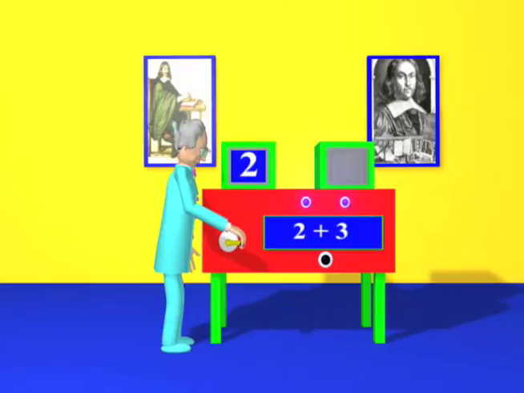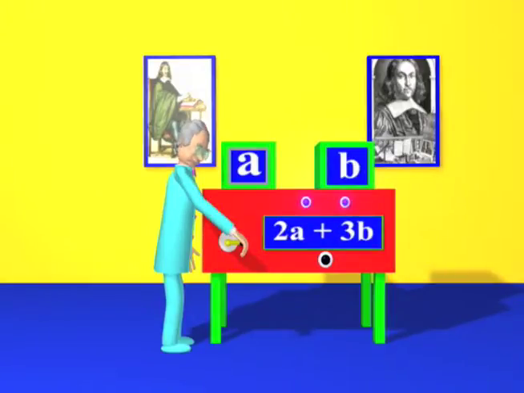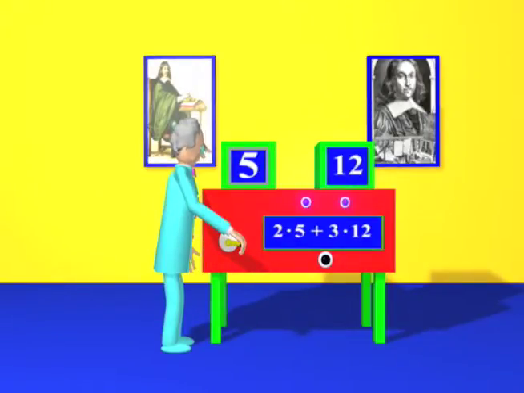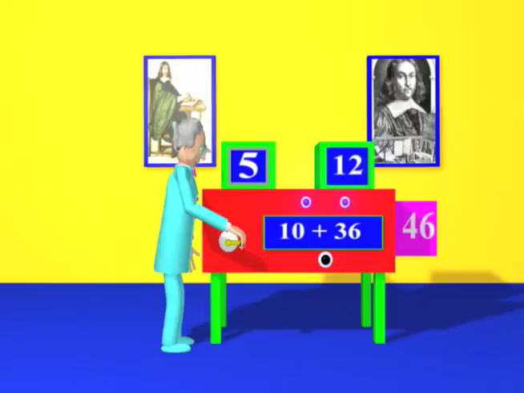My arm is getting tired, but I will go on. 2a plus 3b, 2 variables. A is 5 and b is 12. So we get 2 times 5 plus 3 times 12, which gives us 10 plus 36. Let's see what we get. 46. Right again. Okay, back to you, Steve.